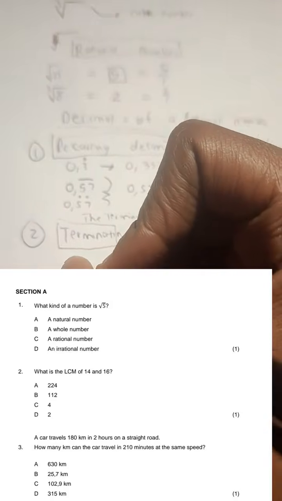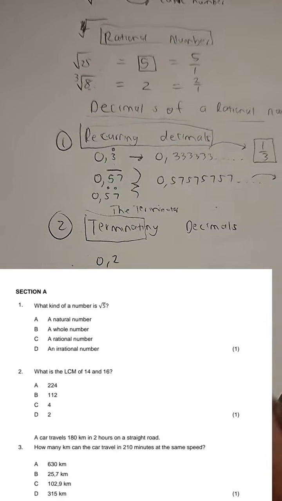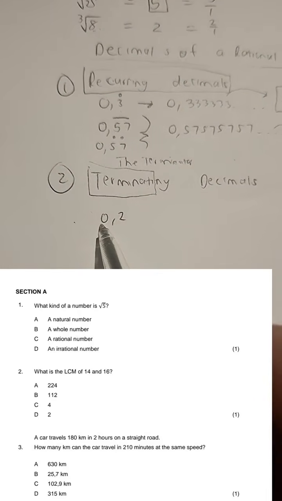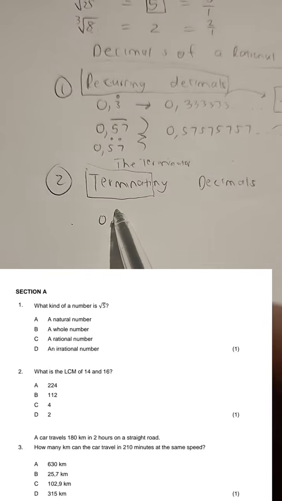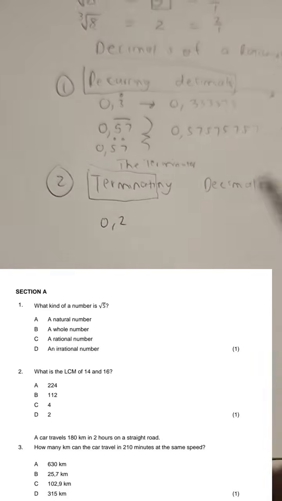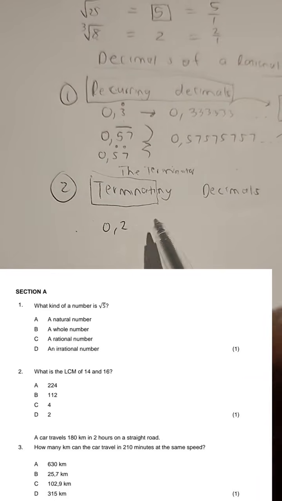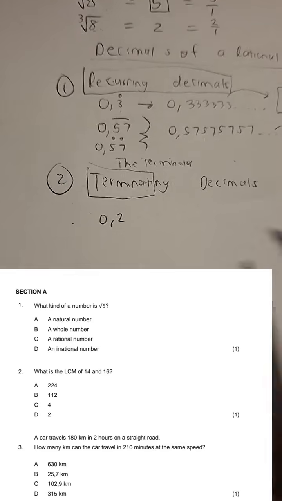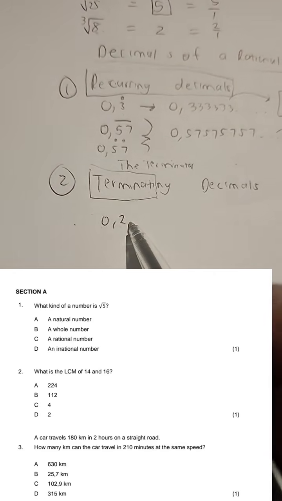So for instance, if we have 0.2, what you see here is that this decimal number, after the comma, does not repeat, nor are there other numbers that are going on forever. This number is the only number.